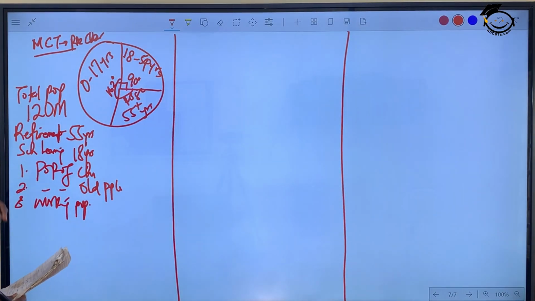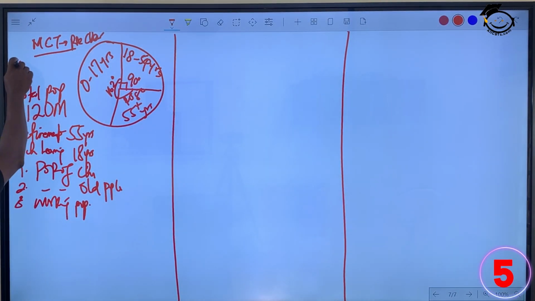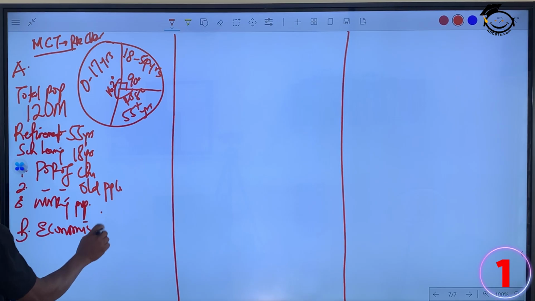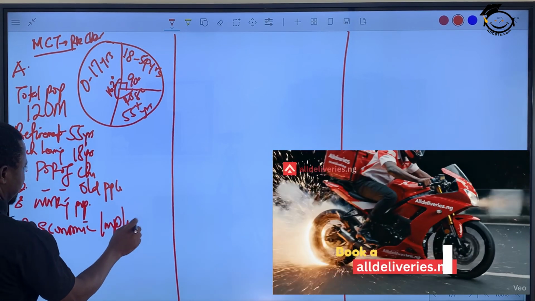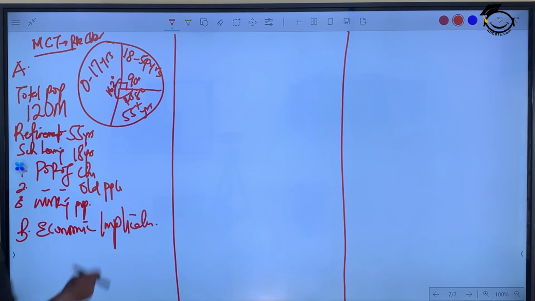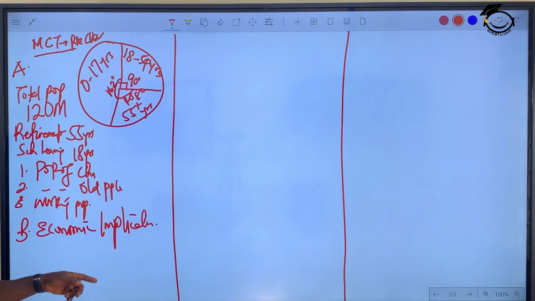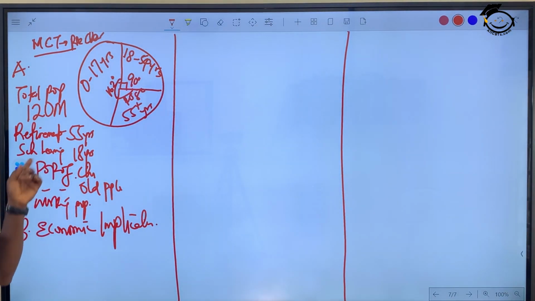So you cannot answer the B part, this is A. The B part is talking about economic implication. You cannot answer this B part without solving for A. And if you don't get correct answers for A, your answer for B will be wrong, because your implication or your interpretation in B is dependent on what you got in A.